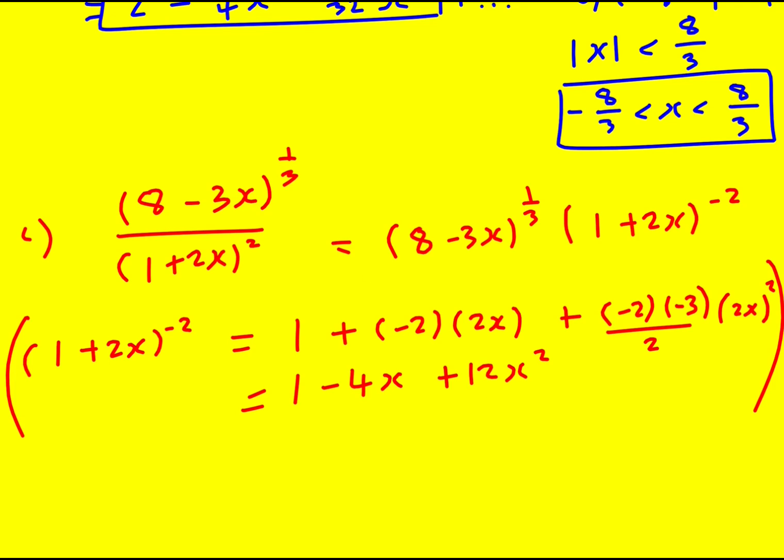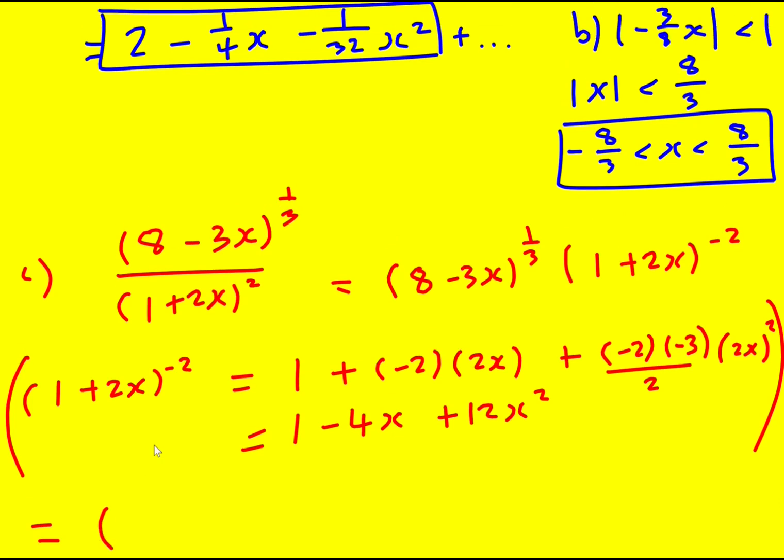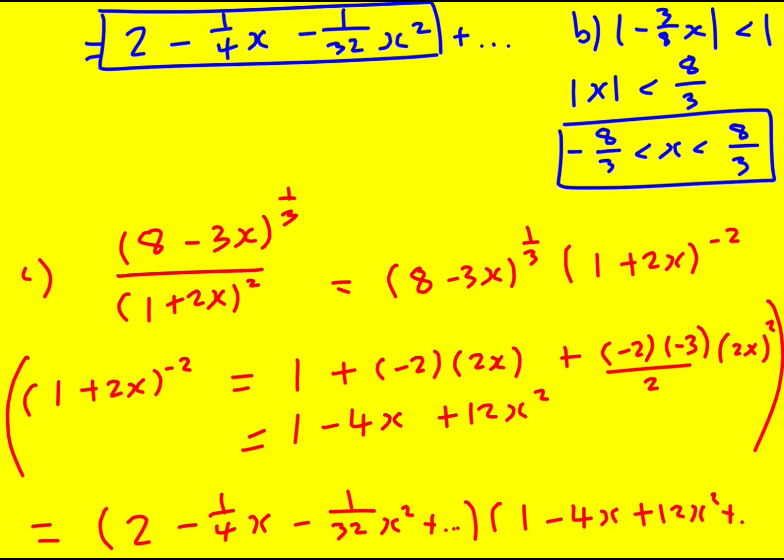So this thing here is going to equal 2 minus a quarter x minus 1 over 32x squared plus other terms, multiplied by 1 minus 4x plus 12x squared plus other terms.